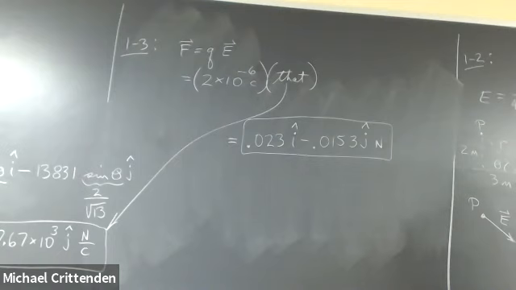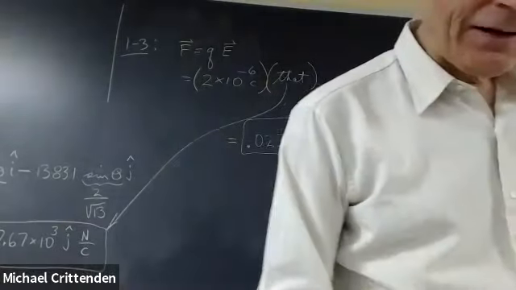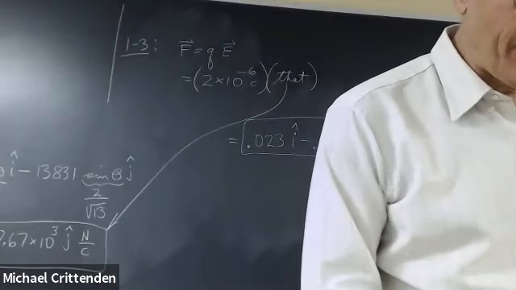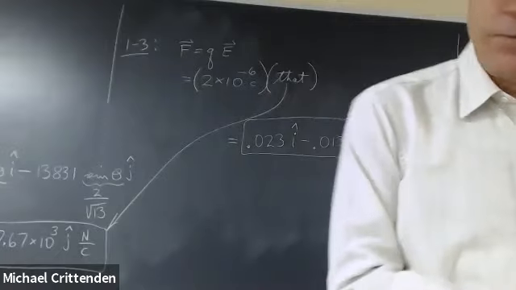Number 4 is kind of a variation on number 3. I thought it would be good to point out what happens if you stick a negative charge in a field. I didn't stick with the same field this time.